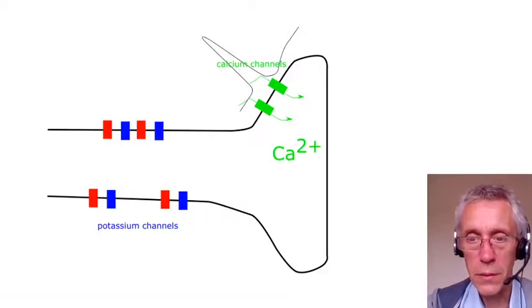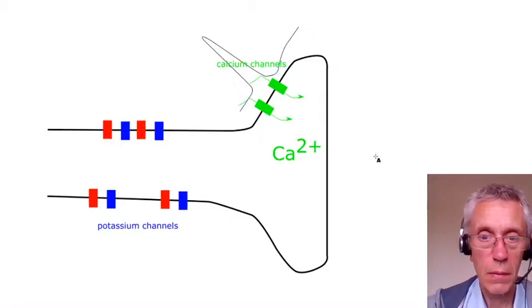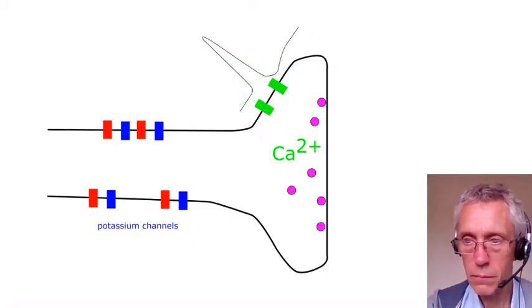Now, before all this was going on, there were vesicles of neurotransmitter present in the terminal, and the sudden rise in intracellular calcium causes them to fuse with the membrane.